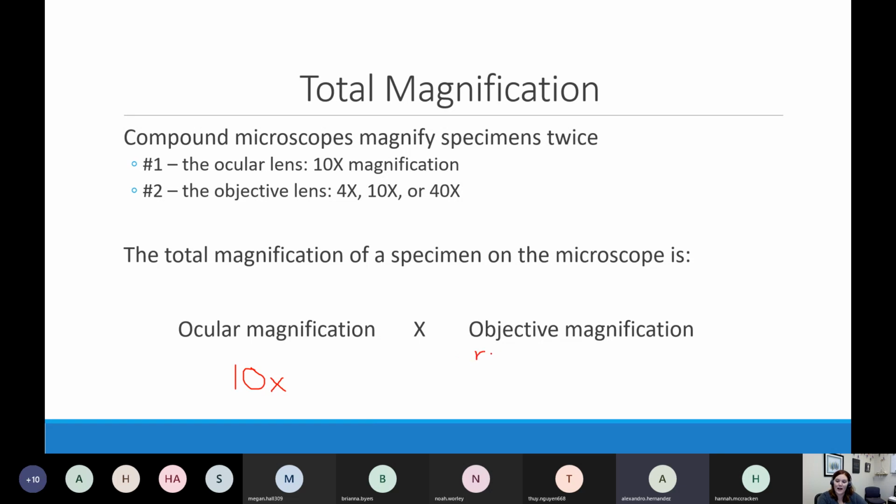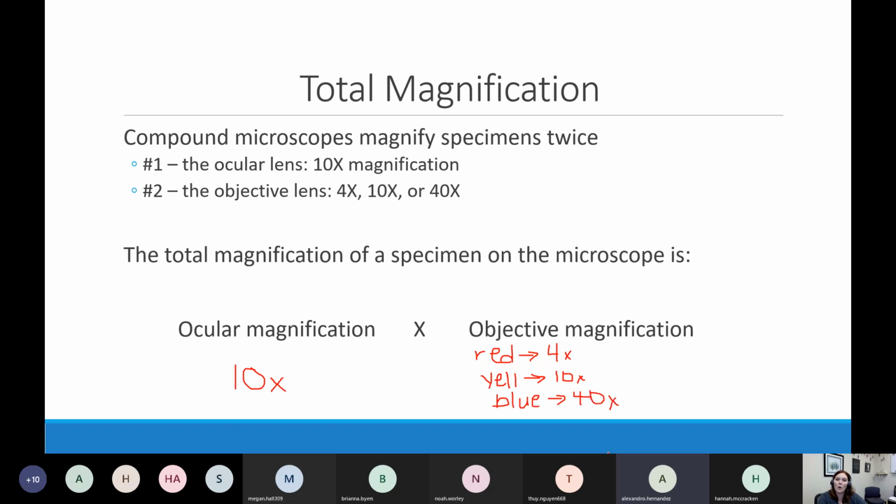So when I have that red objective pointing down, remember that the red objective by itself made things 4 times bigger. Or when I have that yellow objective down, that one makes things 10 times bigger. Or when I've got that blue objective down, the blue objective by itself is going to make things 40 times bigger.